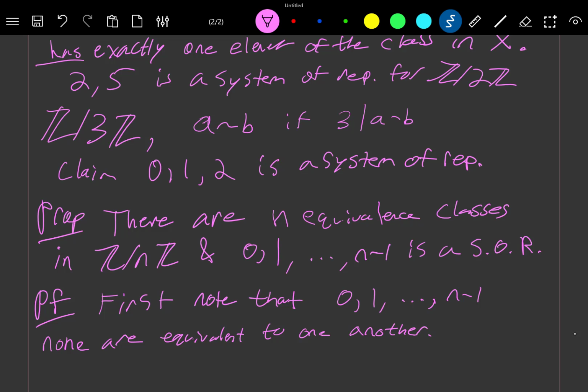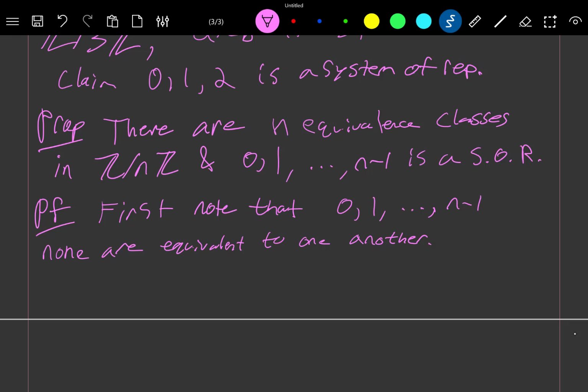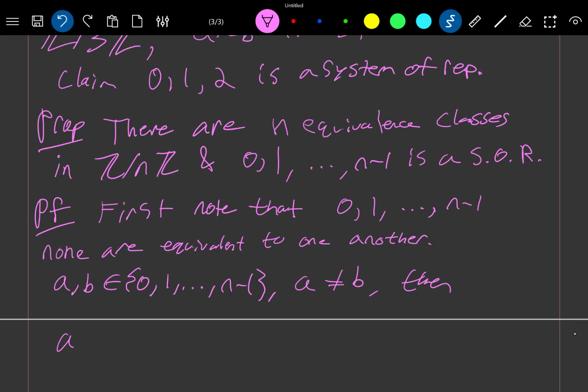And to see this, we'll just say if we have a and b in the set 0 to n minus 1, and say a is not equal to b, then if we look at a minus b, what is the most a minus b could be?